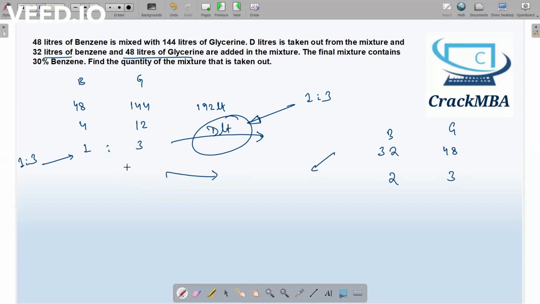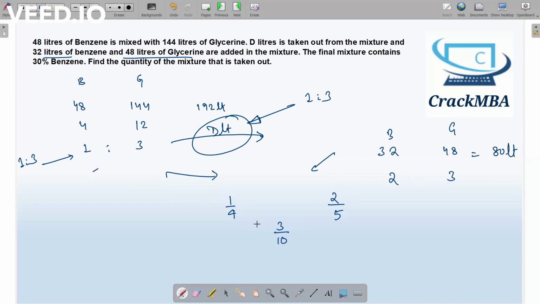In the first case, benzene is 1/4: one part is benzene and the total is 1 plus 3, that is 4. Similarly here, benzene is 2 parts and the total is 2 plus 3, that is 5. The question has given that the final mixture has 30% benzene, that is 3/10. Now we can apply alligation. The second solution sums up to 80 liters.